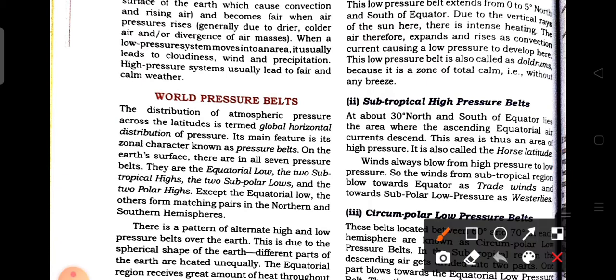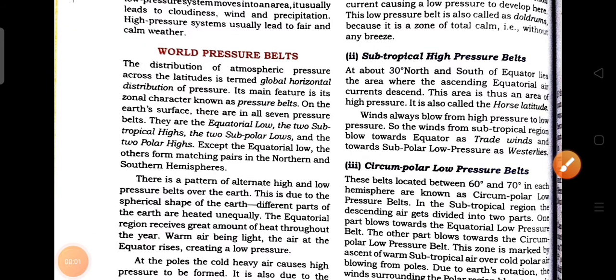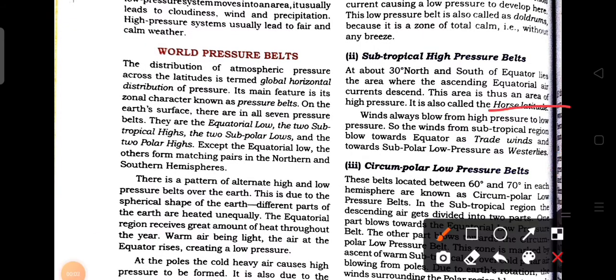As the air descends in this pressure belt, this area becomes the zone of high pressure, and it is also called the horse latitude. This is an interesting term. Why is this region called the horse latitude?